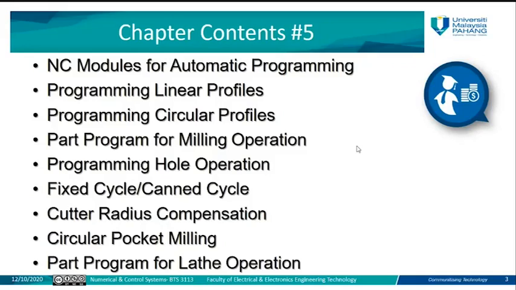Last time we said G1 is used for linear cutting or linear movement of the spindle. Here we are going to talk about programming a linear profile. That means we are going to use G1 to conduct a complete cutting task using a milling machine.